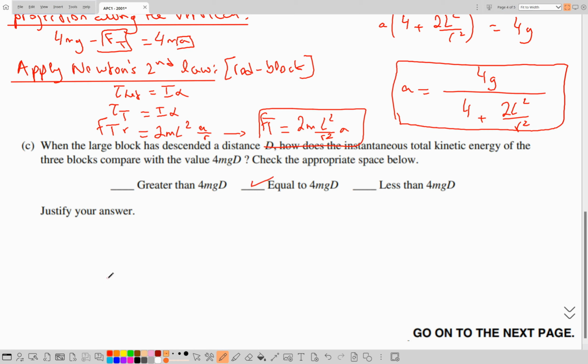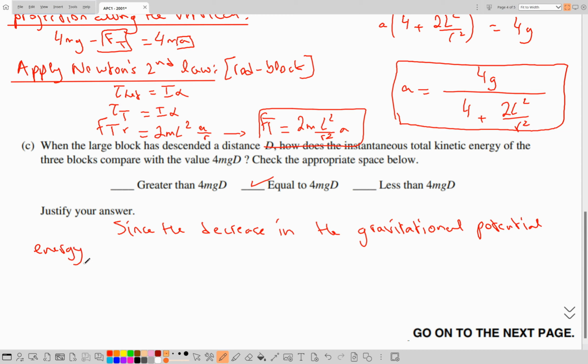Why? Because the decrease in the gravitational potential energy of the 4m block is 4mgd, and there are no frictional forces. So basically, you know that frictional forces dissipate energy.